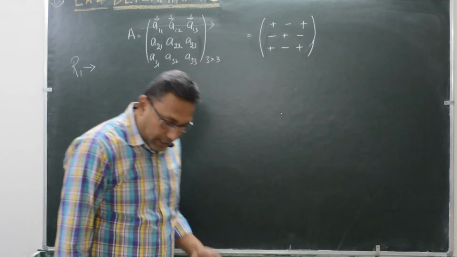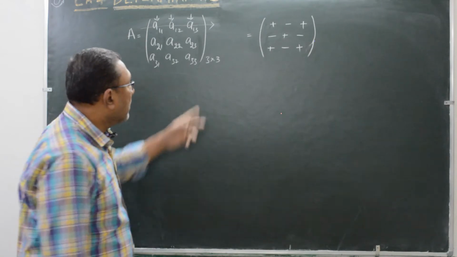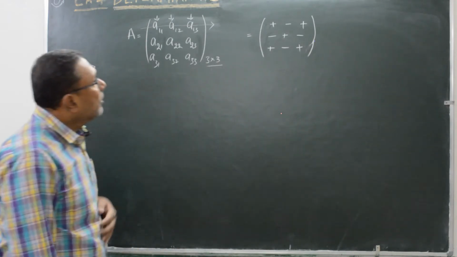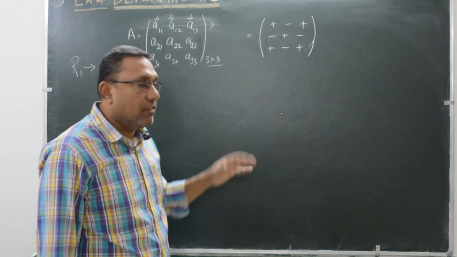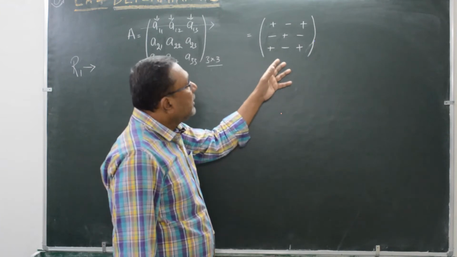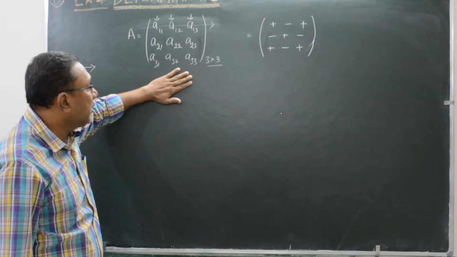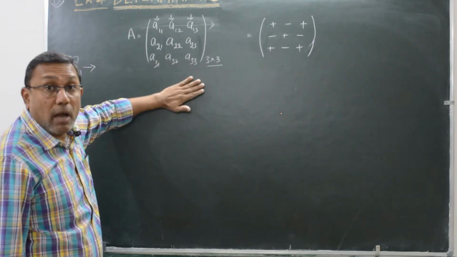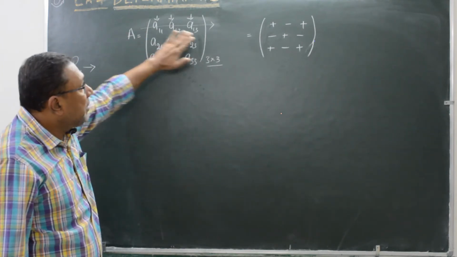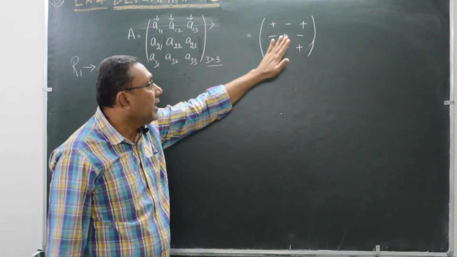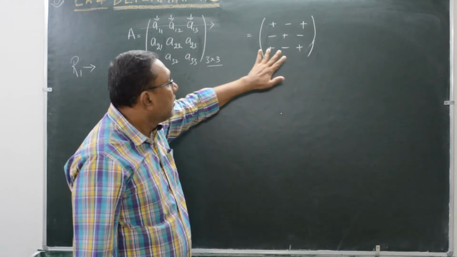Now we will find the determinant value for a matrix of 3 by 3 order, which is again a square. Just remember, there is a trick involved when using the signs for finding the determinant value. Each element of this 3 by 3 matrix is associated with a particular sign in this pattern, like plus minus plus, minus plus minus, plus minus plus.